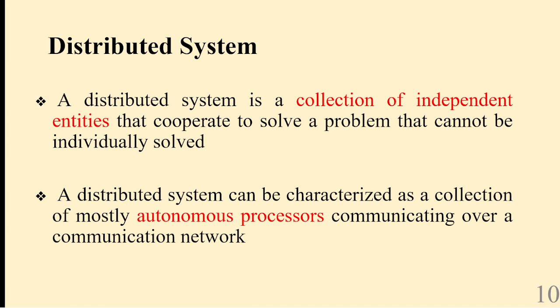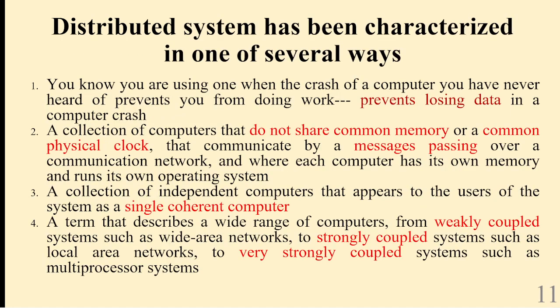So a distributed system can be characterized as a collection of mostly autonomous processes. Autonomous processes means they are an independent entity. A distributed system can be characterized as a collection of mostly autonomous processes communicating over a communication network.